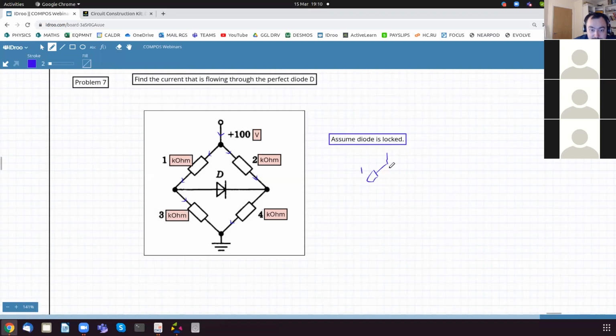There's 1 kilo ohm, of course, 2, and then 3 kilo ohms, 1K, 2K, 3K, and 4K. So if the diode is blocked, this is the circuit.